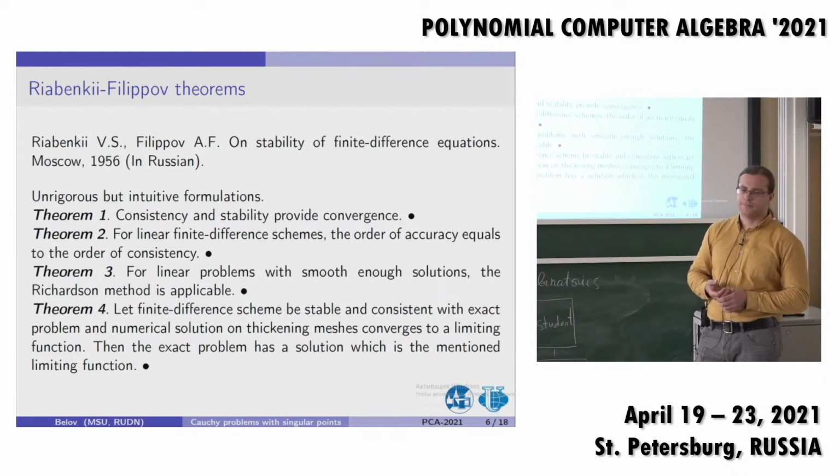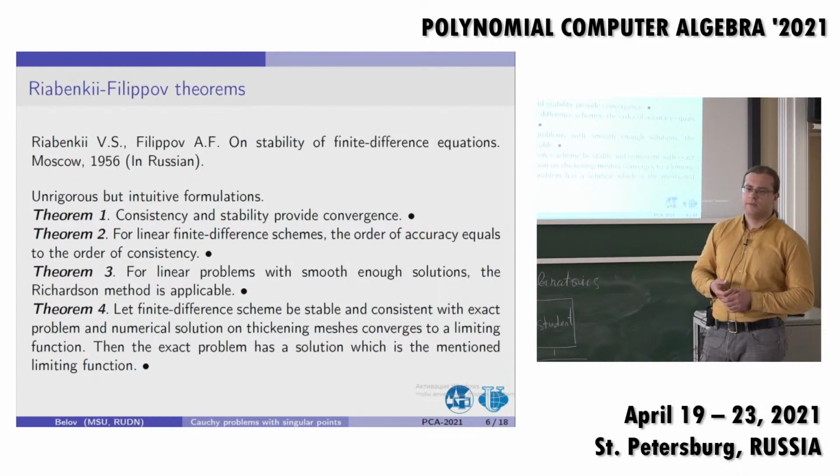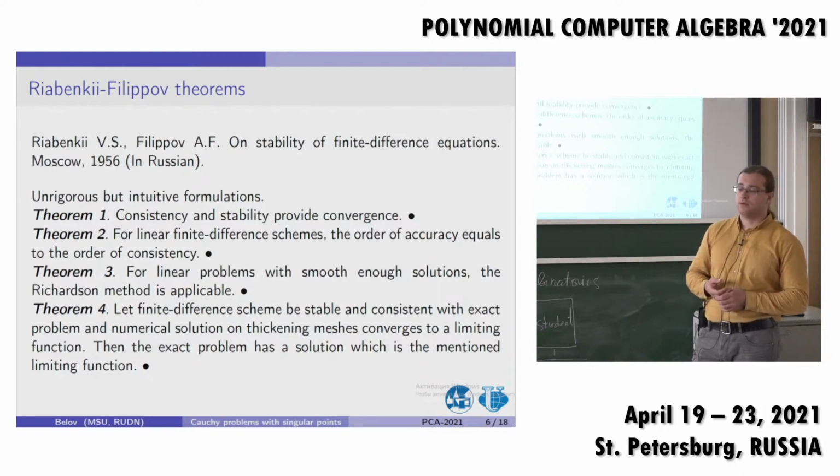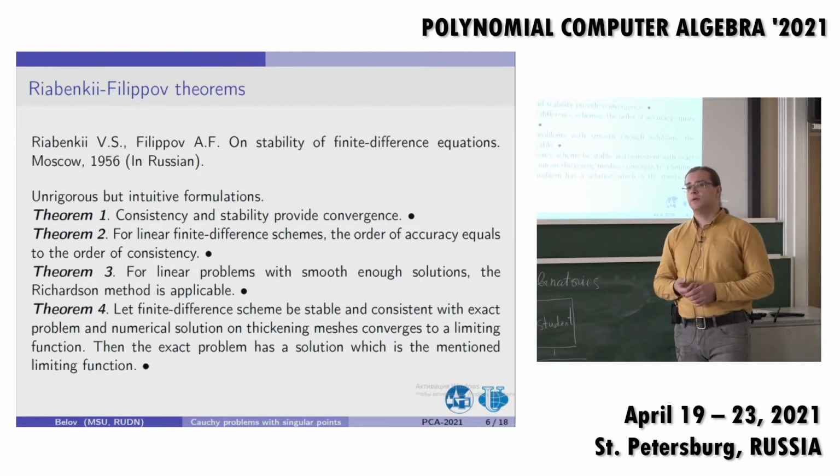The second theorem: for linear problems, the consistency order equals the convergence order. The third theorem: for linear problems with smooth enough solutions, we can use the Richardson method described on the previous slide.